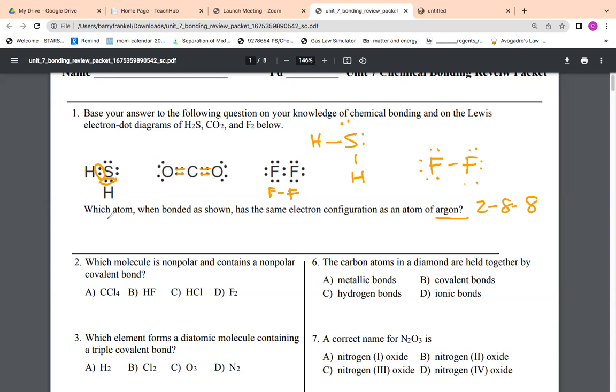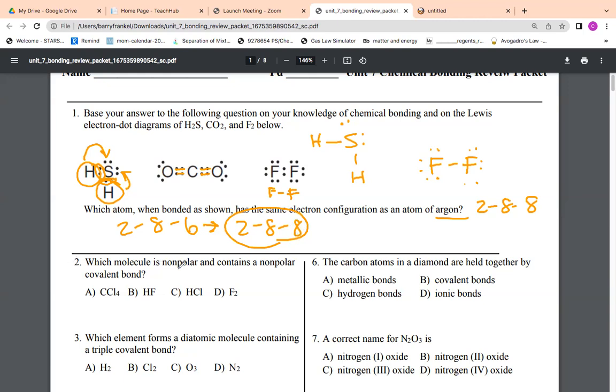Also, sulfur's configuration is 2-8-6, and it is bonding with hydrogen. Each one is not completely donating an electron, but sharing electrons with sulfur. So sulfur is getting 1 electron shared from each hydrogen. So this really would be 2-8-8, and once it's bonded to each hydrogen, it would have a configuration similar to argon.